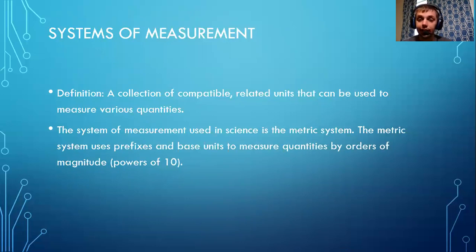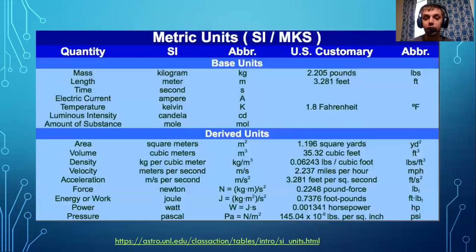So in science, we use what's called the metric system, as I'm sure you've heard of before. Now, the metric system is nice because it uses prefixes and base units to measure quantities by orders of magnitude or powers of 10. And we will get more into that. I have a supplemental video that covers how to convert in that. But for now, you can just look at this here.